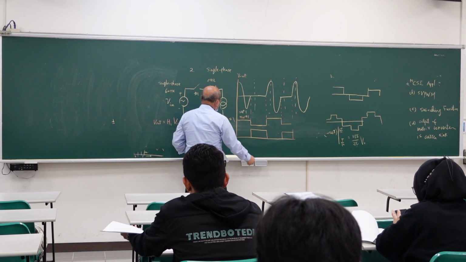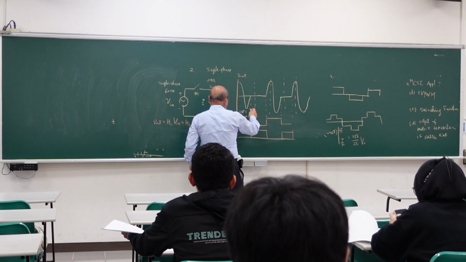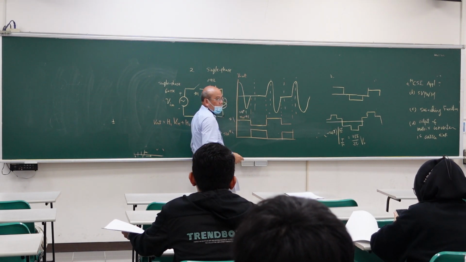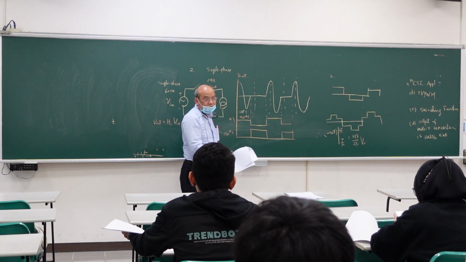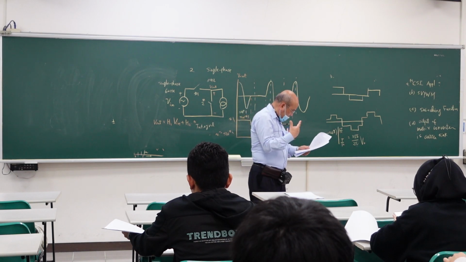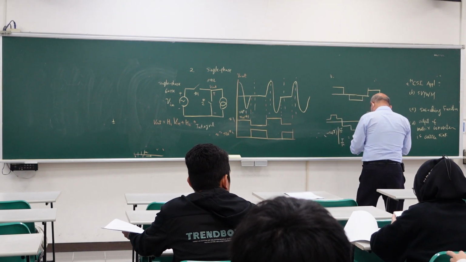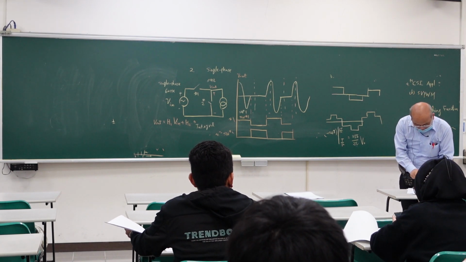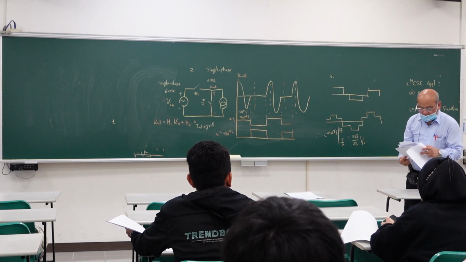So we have V in here, so H1 V in plus H2 0. It is V out, right? We learned that before, so you just apply the fundamental idea. Then you can draw H1, H2, and also V out.